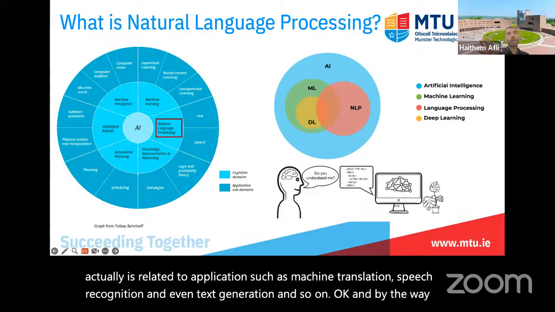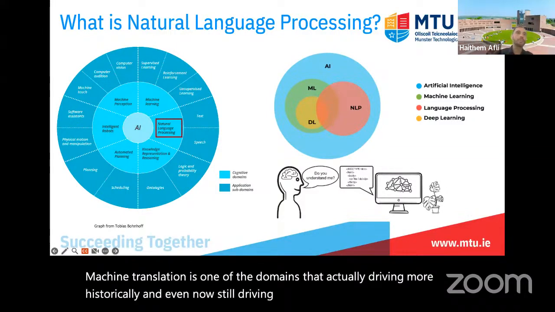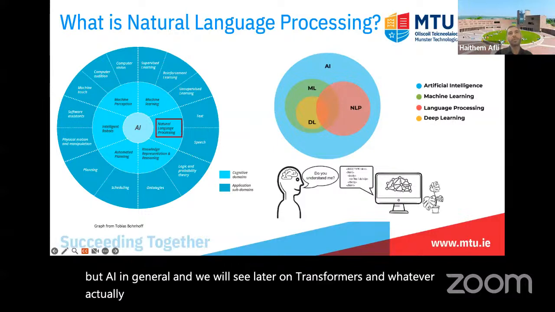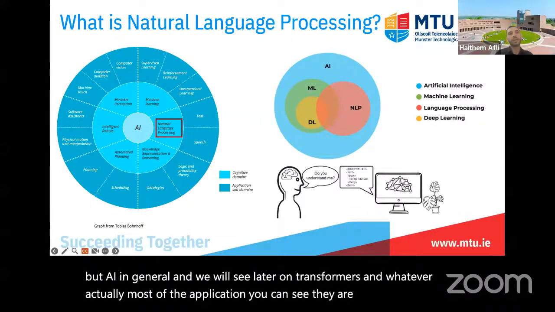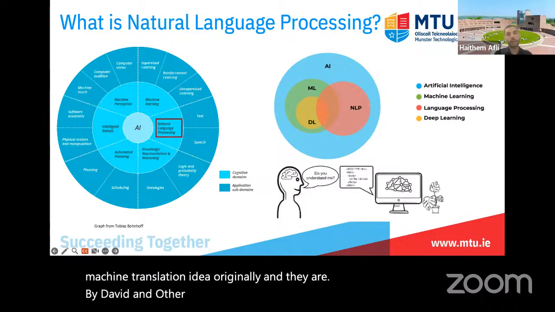Okay, and by the way, machine translation is one of the domains that historically, and even now, still drives the progress of not only NLP but AI in general. We will see transformers later on. Most of the applications you can see come from machine translation ideas originally, and are applied even in other domains like computer vision.